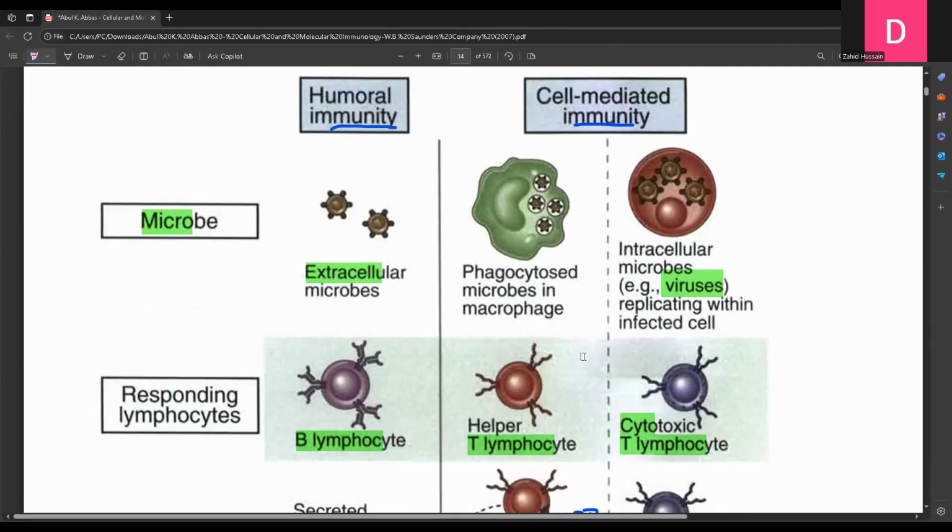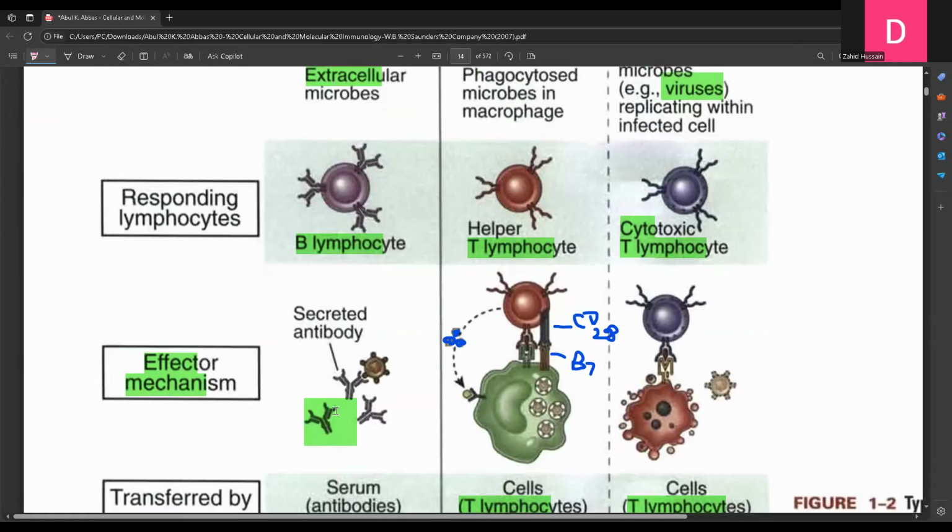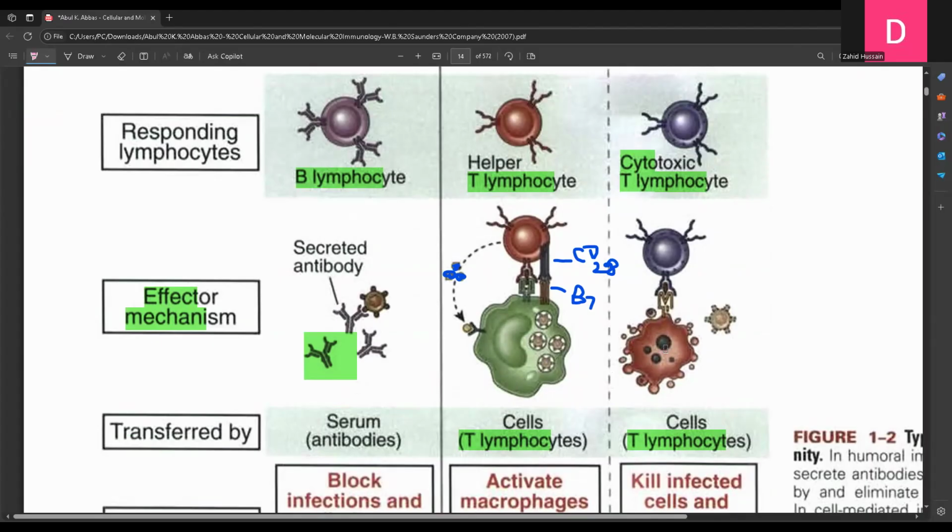Responding cells will be the B lymphocytes in humoral immunity, and TC and TH cells in cell-mediated immunity. The effector mechanism in humoral immunity is that it will secrete antibodies. In cell-mediated immunity, the activation of TH cells and TC cells takes place with the help of MHC2 and MHC1, and they will bind with the corresponding cells and then destroy the target cell.